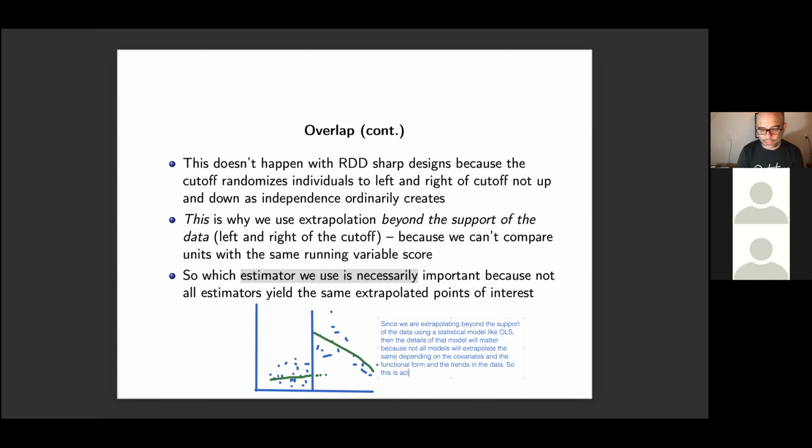So this is actually a highly parametric approach, because we have to choose the functional form ahead of time that best fits the data.